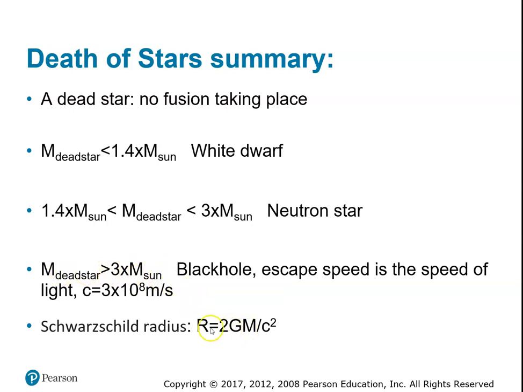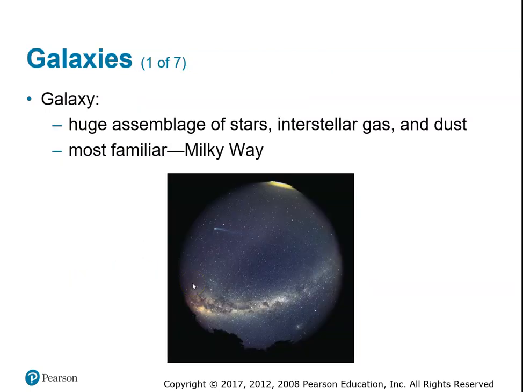So even though this is a relatively simple equation and can be applied to anything with a mass m, it's only really applicable for things that are 3 times the mass of the sun or greater after fusion has stopped, for a dead star, right? That's what we mean by a dead star.